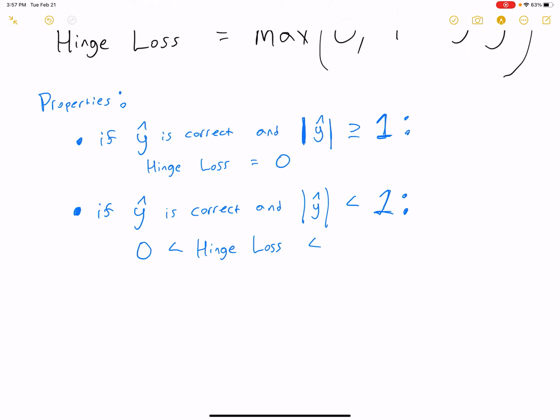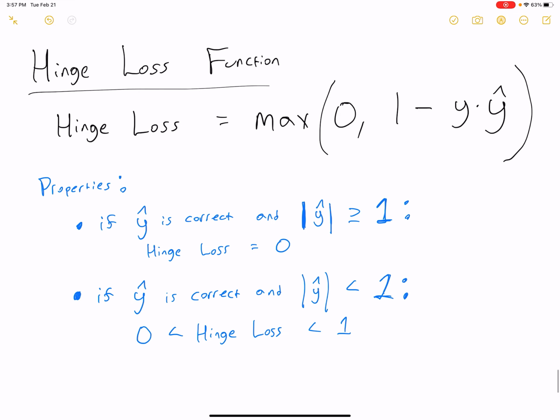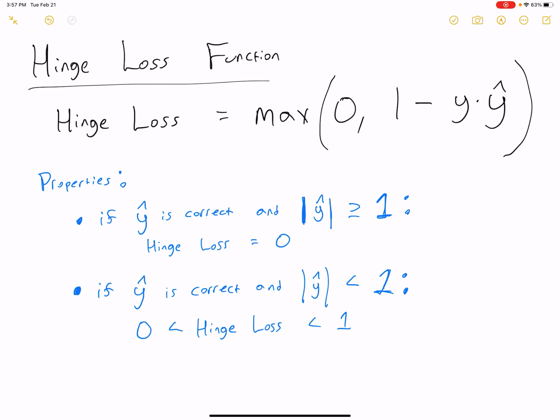And if we look at the equation here, we're taking 1 minus this multiplication term, which is only positive if both signs are the same. y is always 1 or negative 1. So if the y hat prediction is a fraction, between negative 1 and 1, the classifier is not super confident, and this equation gives us something between 0 and 1.